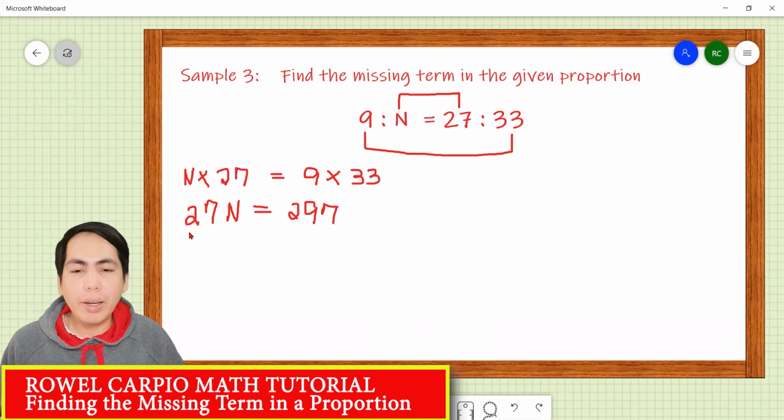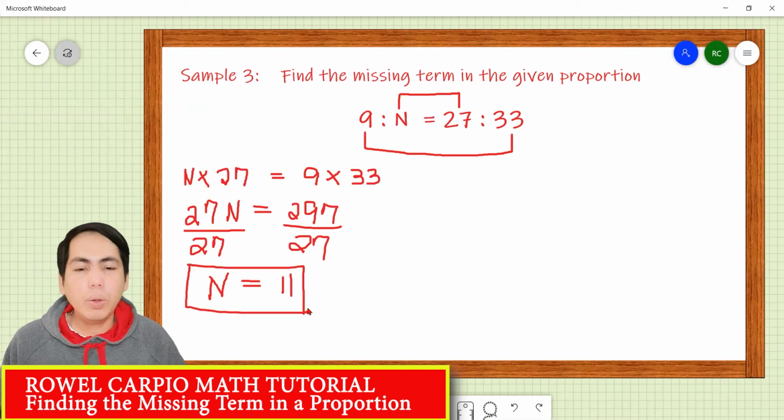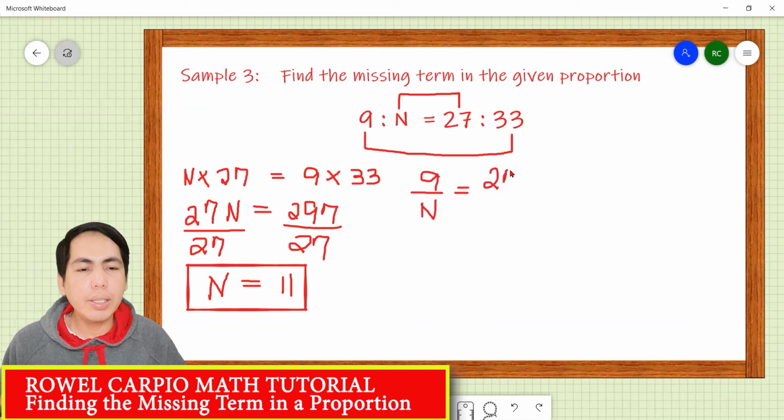So to find the value of n, we have to divide both sides by 27. 27 divided by 27 is 1n, or n. 297 divided by 27 is 11. So therefore, the value of n is 11. Or if we are using our fraction form, we have 9 over n equals 27 over 33.